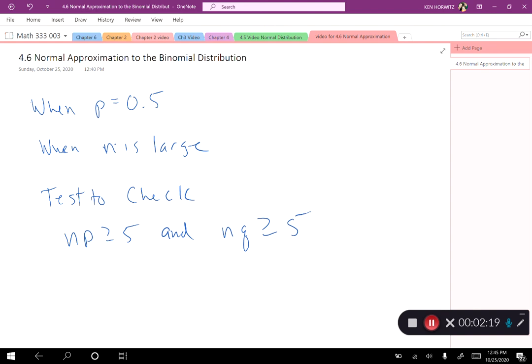And again, it is an approximation, but it's a good approximation and it makes the problems much, much easier.